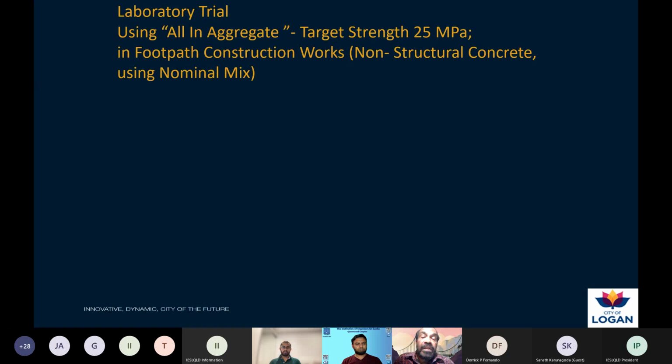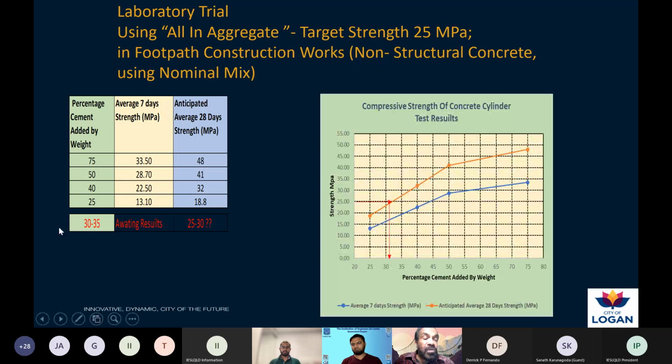So what we did, we were trying to get 25 MPa, megapascal concrete, that is grade 25 concrete, using this material for our footpaths, that is non-structural concrete. As you can see here, this is the percentage of cement we add with this material by weight: 75%, 50%, 40%, and 25%. In 7 days, the compressive strength was 13 and so forth.